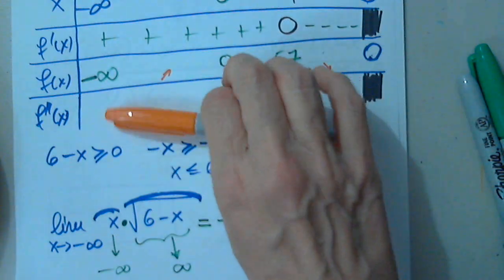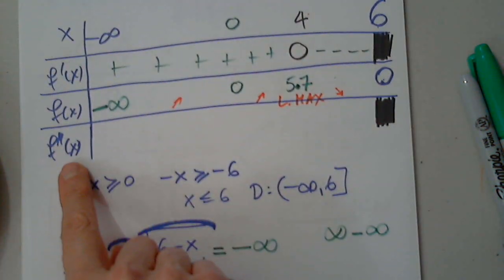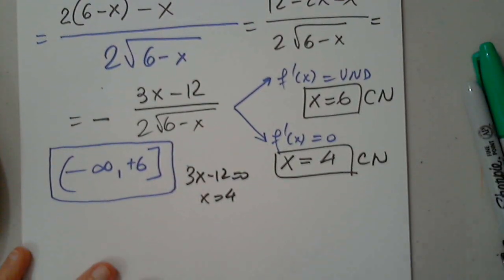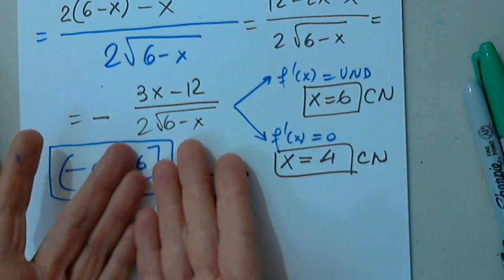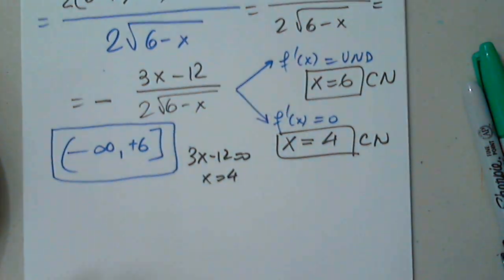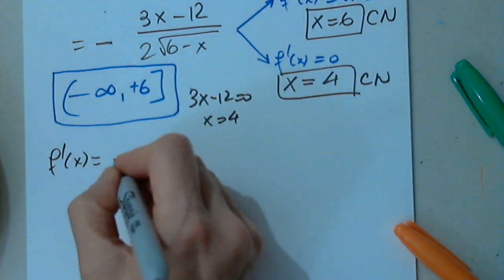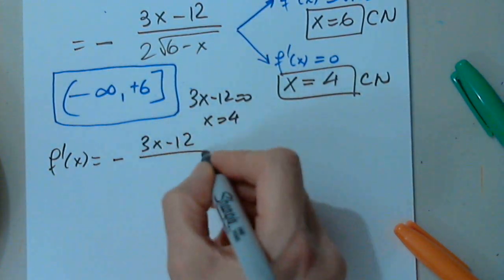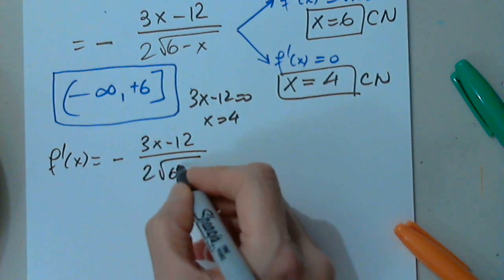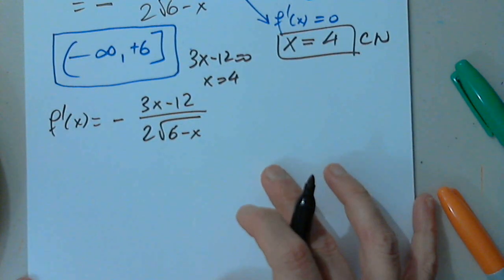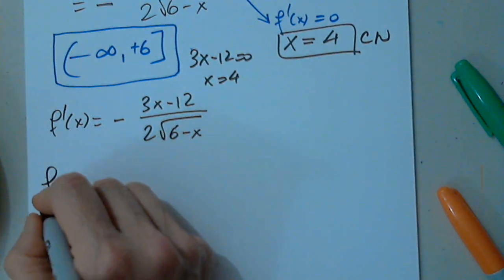We're ready to graph. Okay, this is not a friendly function now. How come? Look what I have to differentiate. Awful. So I'm copying f prime here, negative 3x minus 12 over 2 the square root of 6 minus x. Okay, so this is not a friendly function now at all.